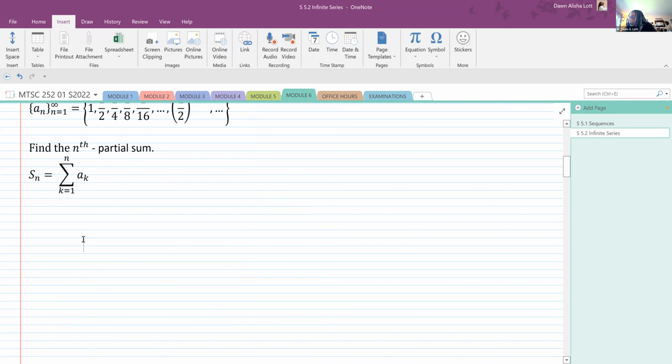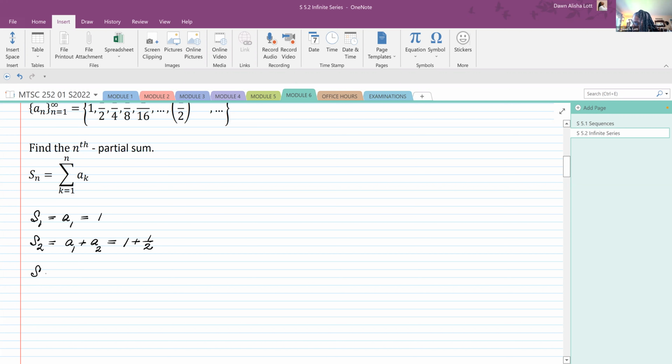S1 says just find a1, and a1 is 1. S2 is a1 plus a2, and that is 1 plus 1/2.